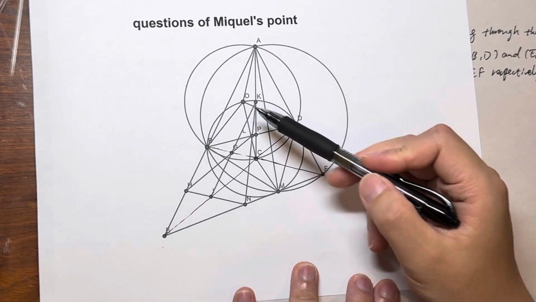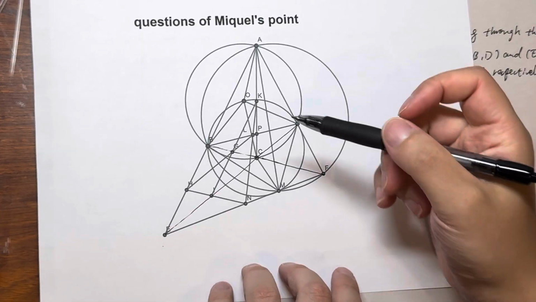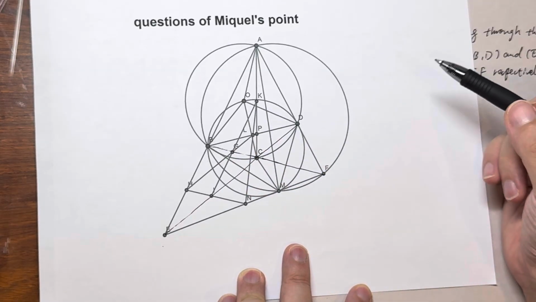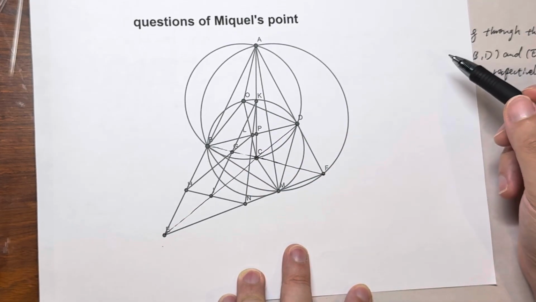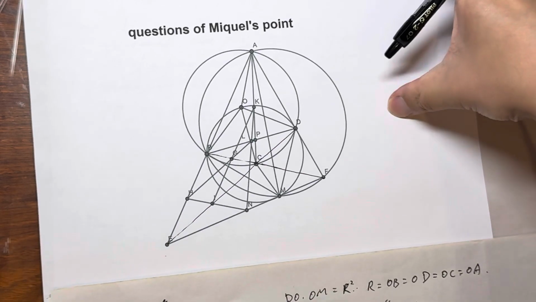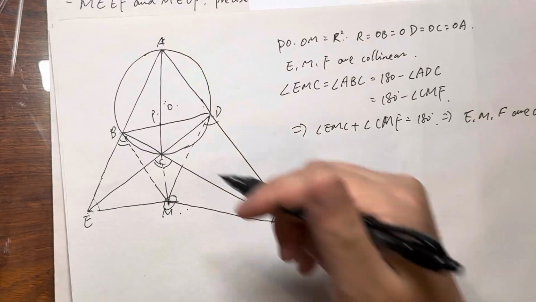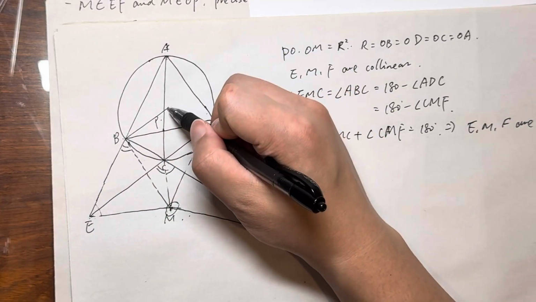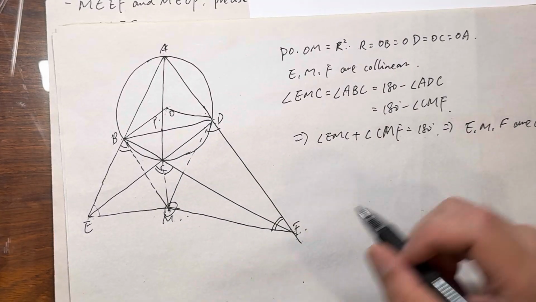To prove that O, P, M are collinear, the first thing I want to prove is that OBMD are cyclic. So please follow me. Let's use the figure that is easier to look at, we don't have so many lines there. Let's try to prove that OBMD are cyclic first.